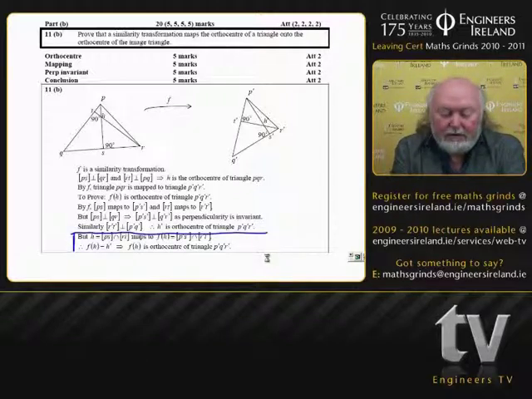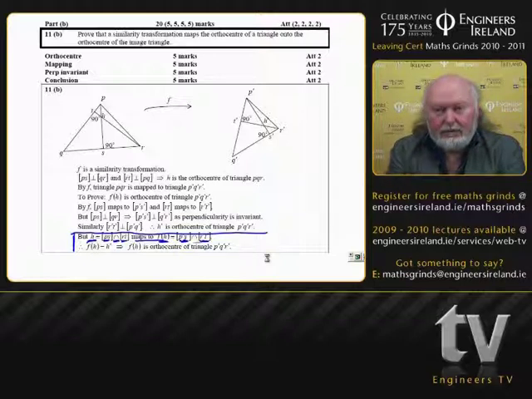Look at this. H is the intersection of the line PS and RT, and that's mapped to F of H, which is the intersection of these two. Therefore, F of H is H dashed.